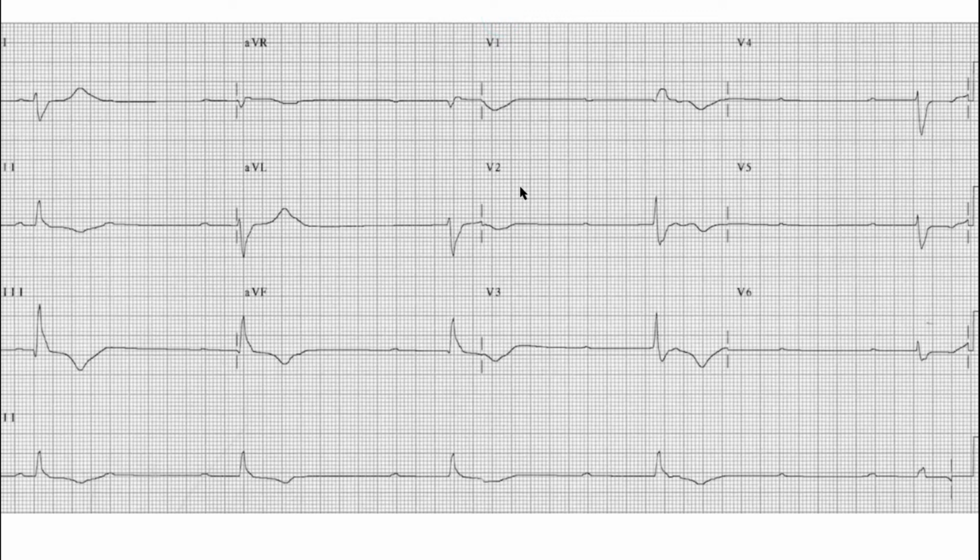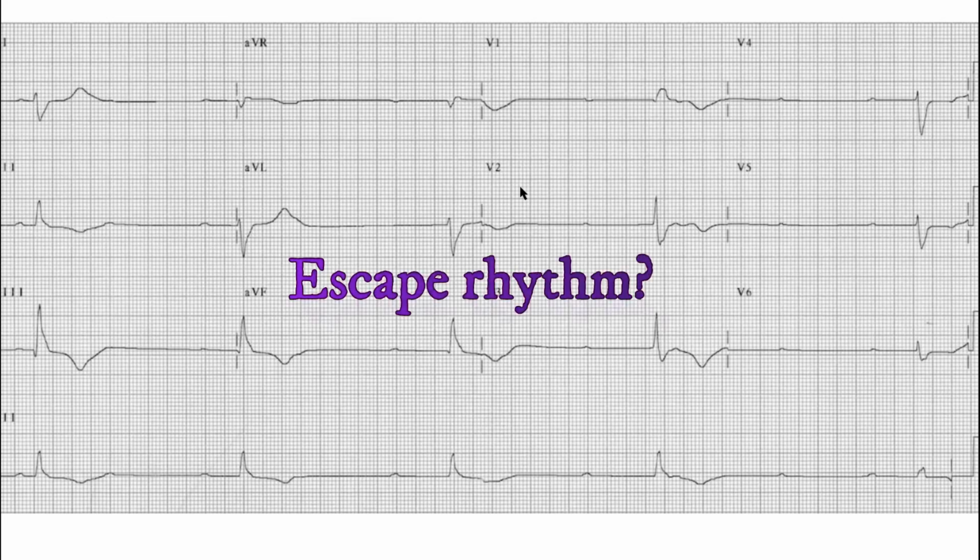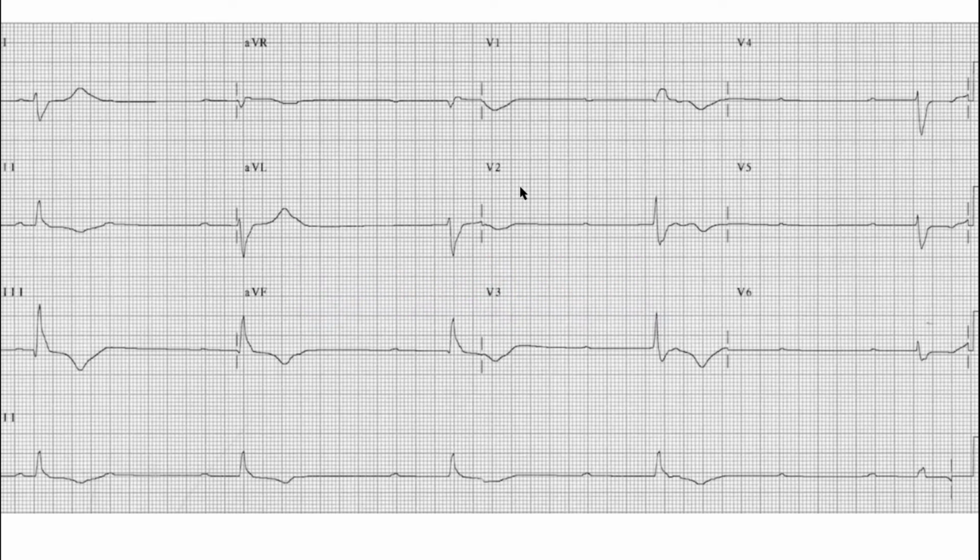So once we have decided that this is a complete heart block, the next thing is to find the origin of the escape rhythm. The escape rhythm could be from the AV junction, it could arise from the bundle of His, or could be of ventricular origin. To differentiate between a junctional escape rhythm and a ventricular escape rhythm, we have to look at the duration of QRS complexes.